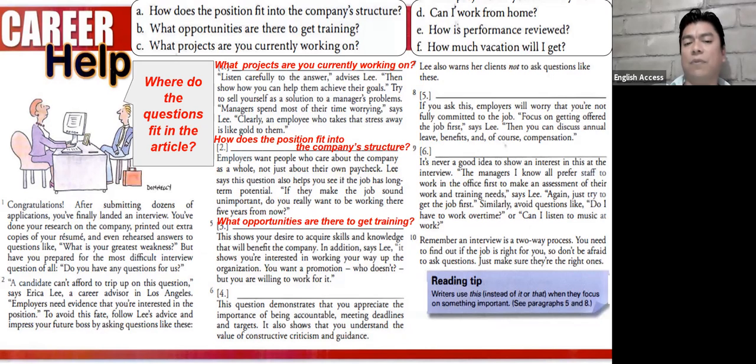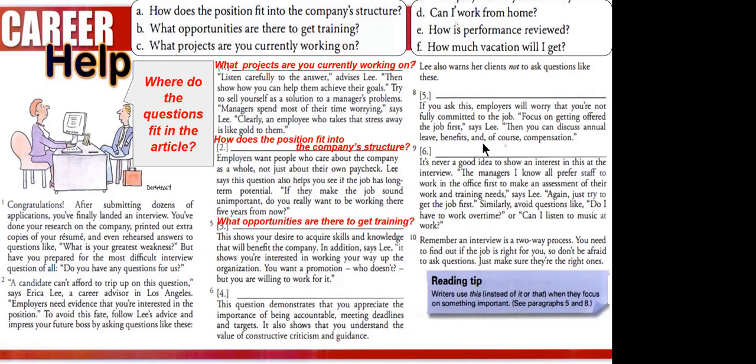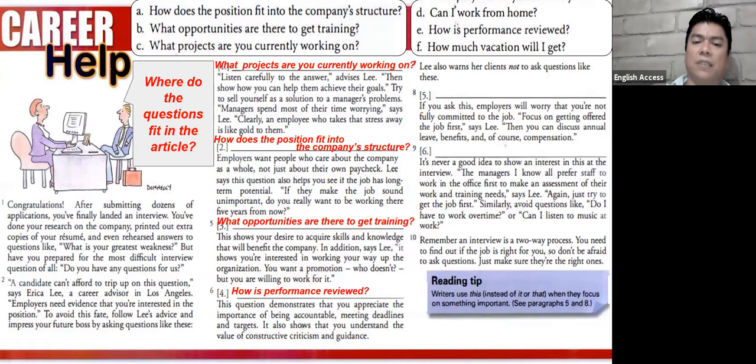What do you have for number 4? Paragraph 6. It will be letter E. How is performance reviewed? What about 5? Space 5, paragraph 8.